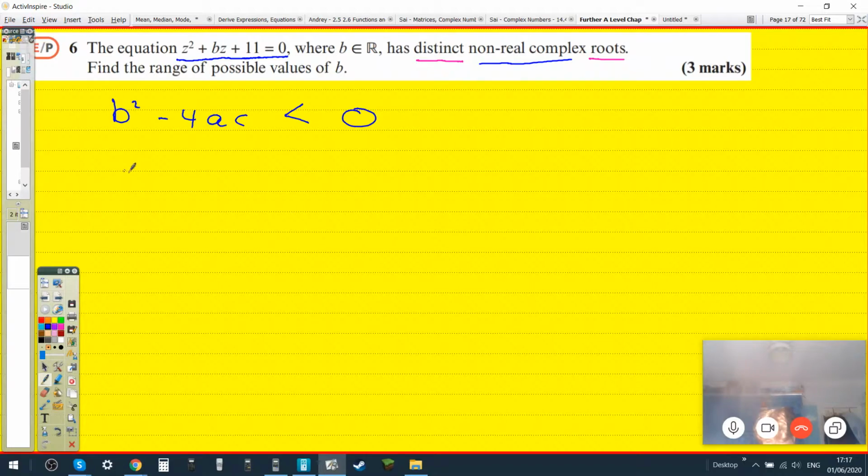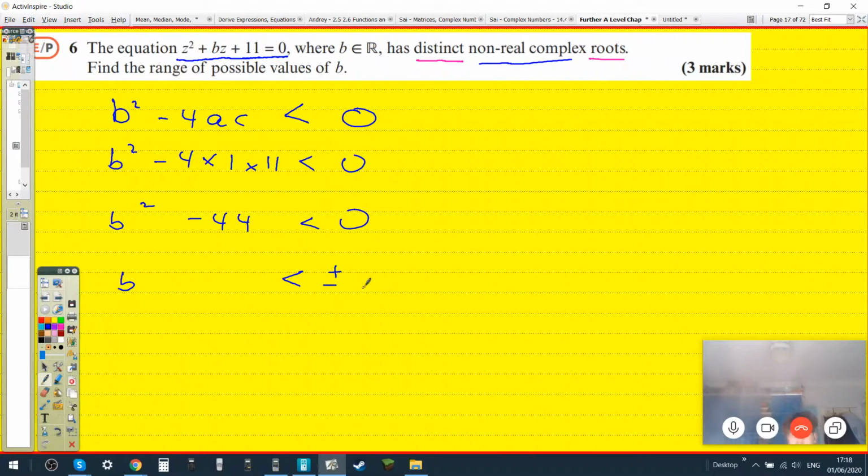So b squared minus 4 times 11 is less than 0. So b squared minus 44 is less than 0. So b squared we could say is less than 44. So b is less than root 44, and I think it's going to be plus or minus root 44.